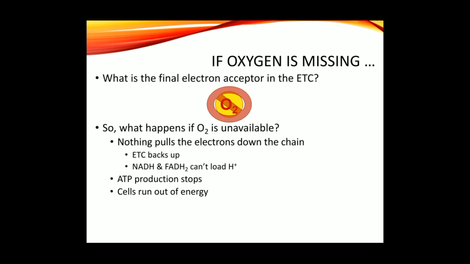Suppose the oxygen is unavailable, then nothing pushes the electrons down the chain, so the ETC backs off, NADH and FADH2 can't unload, ATP production stops, cells run out of energy, and thus you die. So oxygen is a must, guys. Oxygen is the must-required element here. This is the basic concept here, guys.